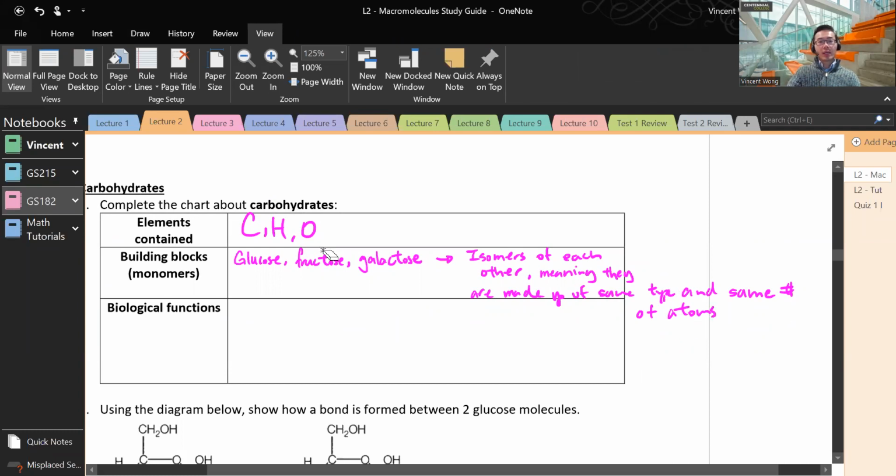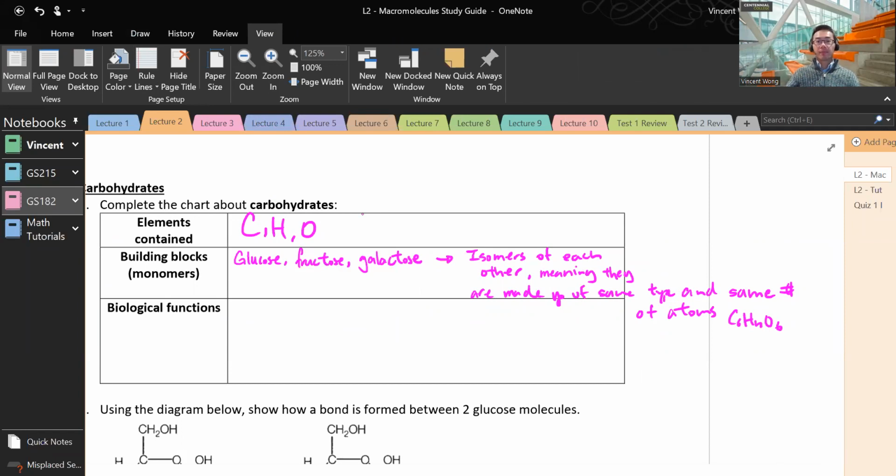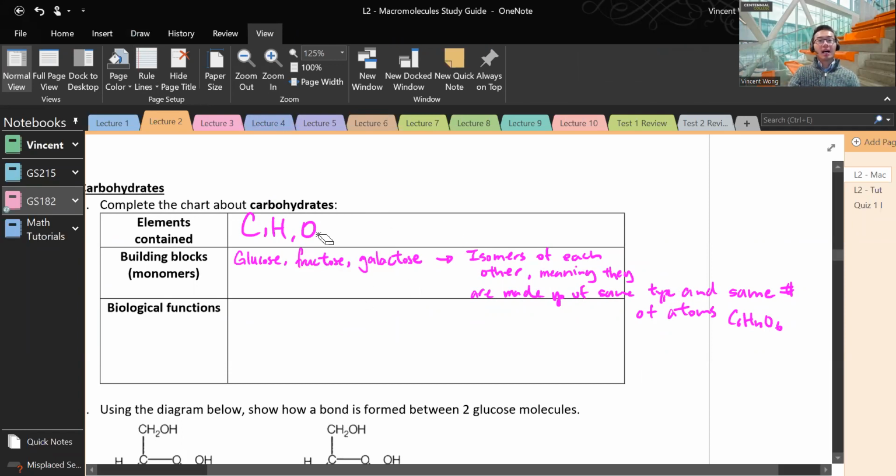Okay, so in this case, they are all C6H12O6. Glucose, fructose, and galactose, they all have 6 carbon, 12 hydrogen, and 6 oxygen, but they are arranged differently. Okay, so they are called isomers of each other. Okay.